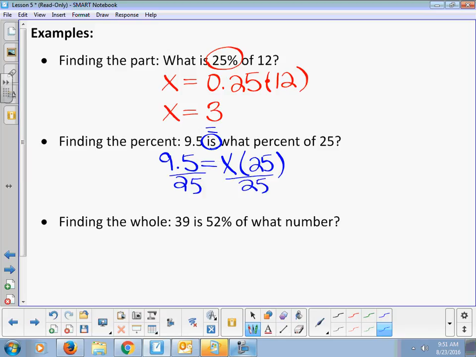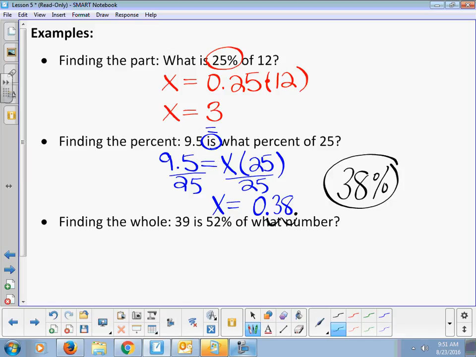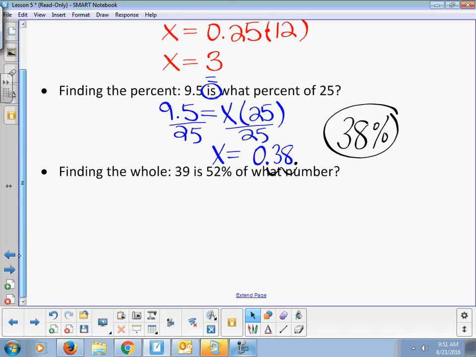And what is 9.5 divided by 25? 0.38 or 38 hundredths. And we have this written as a decimal, so we want to change it back to a percent. Move your decimal place 2 to the right, and you get 38%. So 9.5 is 38% of 25.